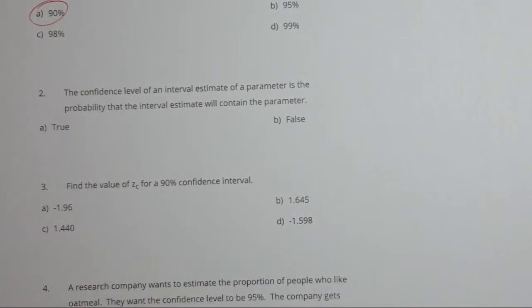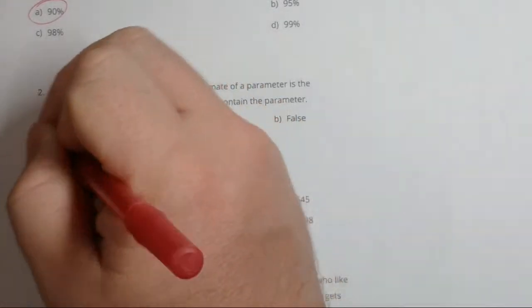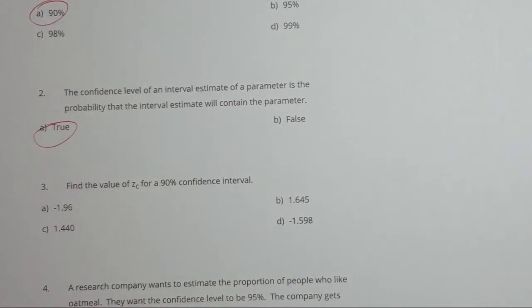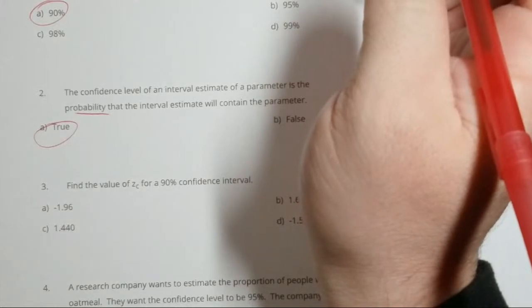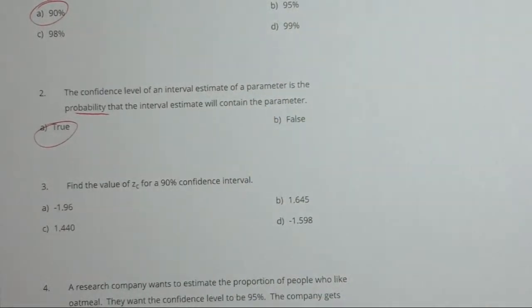With number two, first and foremost, it's true. But let's decipher that a little bit as to why. The confidence level, which before was, let's say, 90%, is the probability that an interval estimate will contain the parameter.